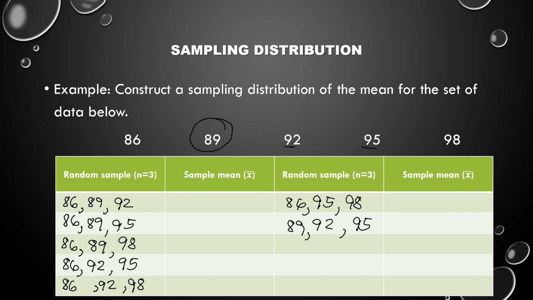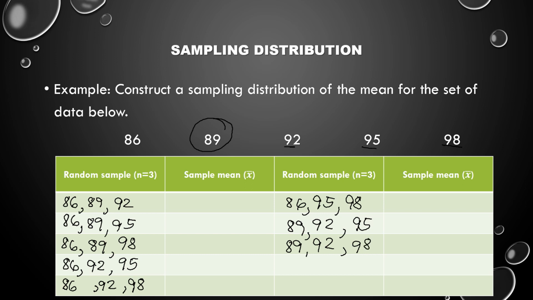Next, we go to the other combination. We've utilized our 92 with a pairing of 95, but we still have another number in here. That means we can make use of our 89 and 92 again, and pair that with another number, which is 98. That's the last number in there.